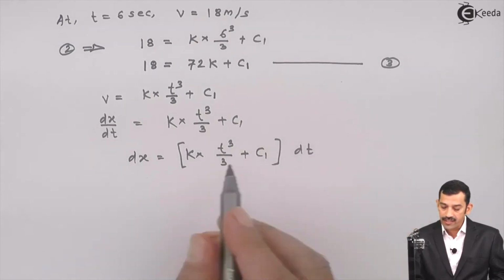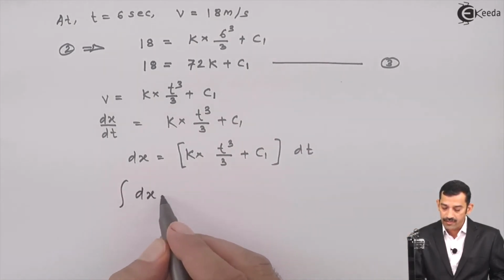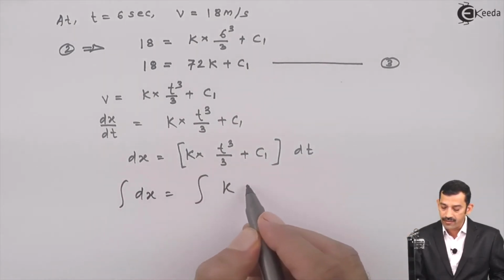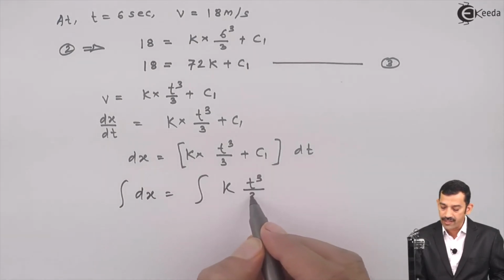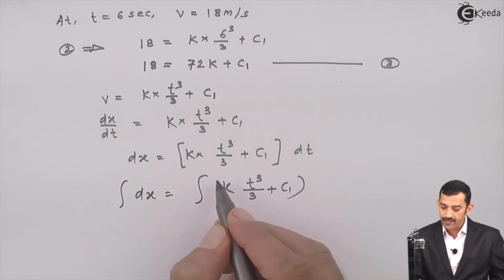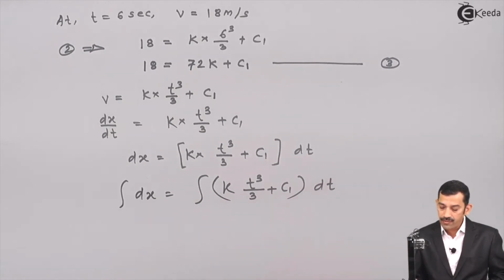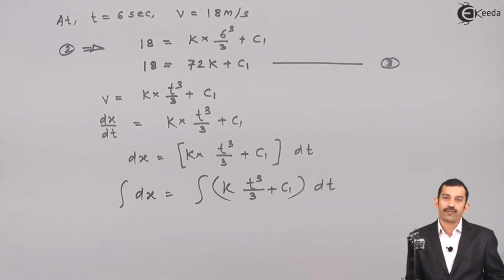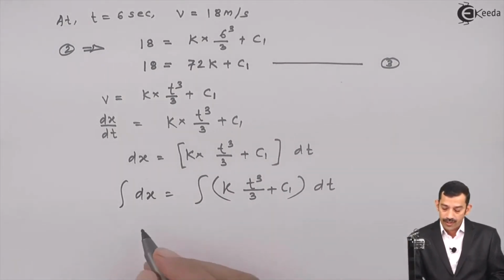If we integrate this equation, we get integral of dx equals integral of k t cube by 3 plus c1 dt. Now when we integrate, one more constant of integration appears.